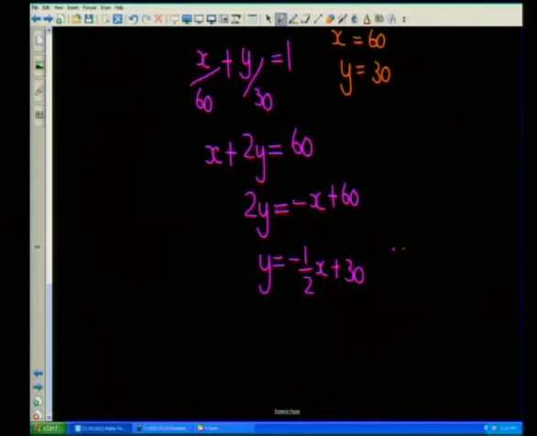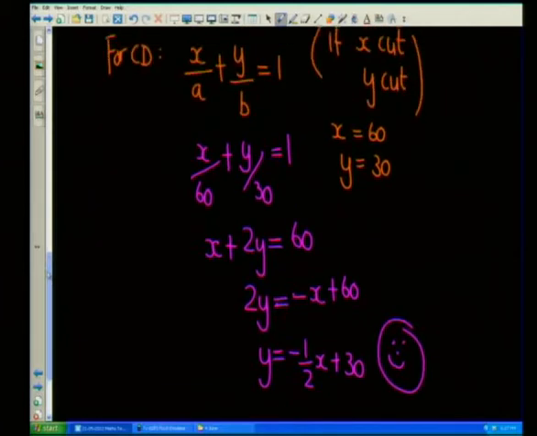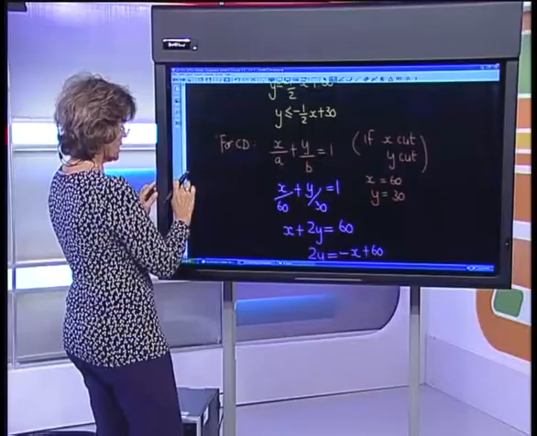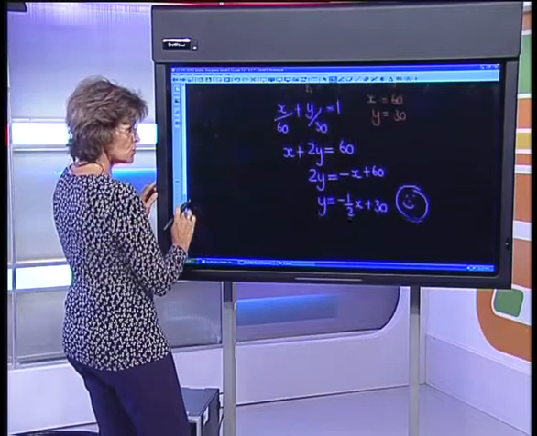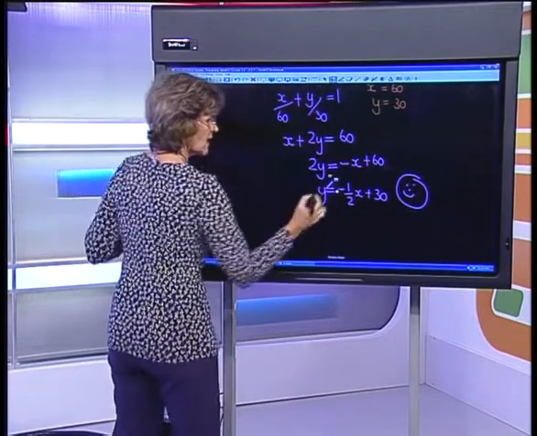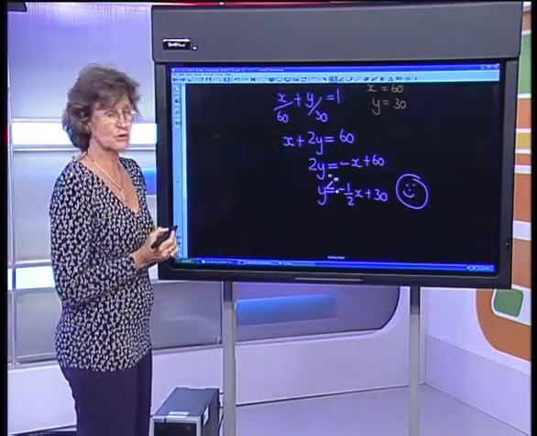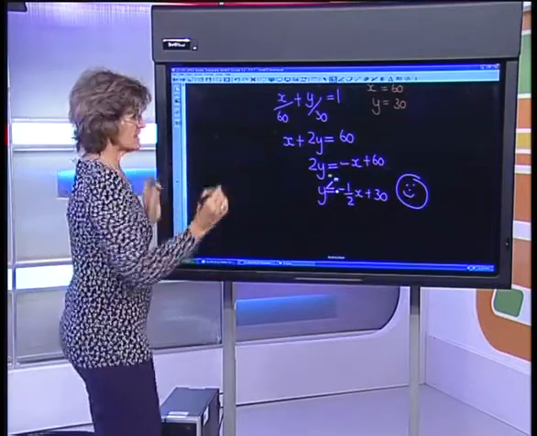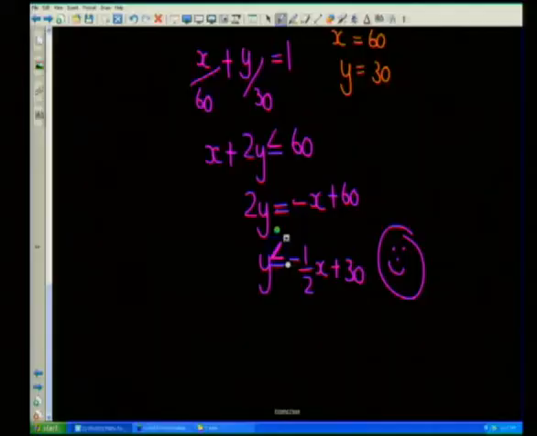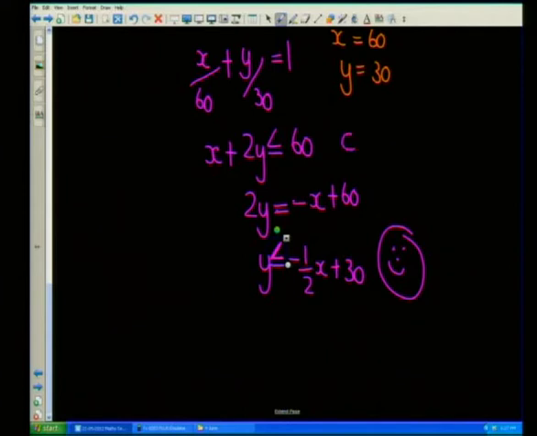And so I'm going to be drawing a big fat smiley face here because hopefully you can see that that is exactly the same answer as I got there. Y less than or equal to negative a half x plus 30. So all I would need to do is just make that a less than or equal to, and I've got exactly the same constraint. In fact, even if I had not got it into the y form and I had just done that, then that would be fine as my constraint for CD.